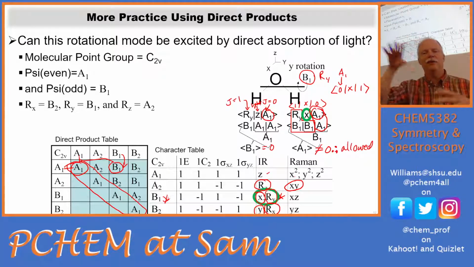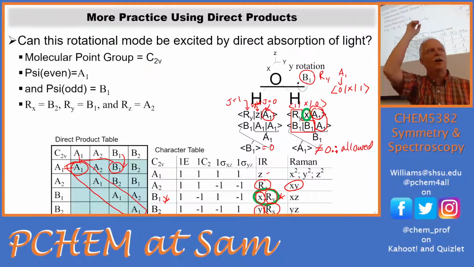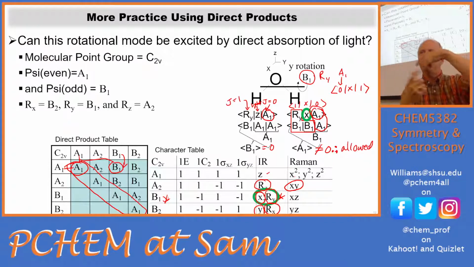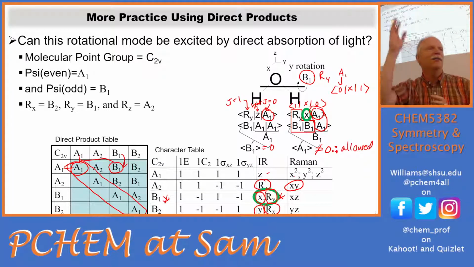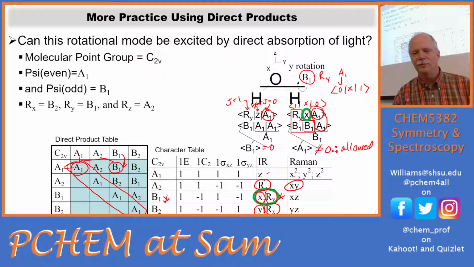It can leave in different directions, but it's polarized in the Y direction. So that rotation around Z can scramble light coming in on the X-axis and sending it out on the Y-axis. So it's sort of that angular momentum is interacting with light and bouncing it off into the Y polarized direction. Let's look at vibration.